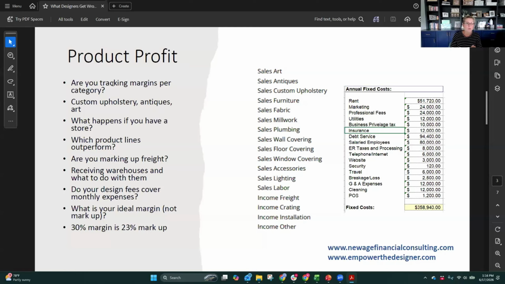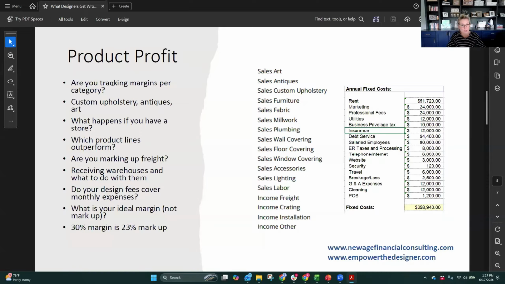And so then remember, margin and markup are two different things. It is all a math game. But if you're looking to end around a 30% margin, and again, remember, we're only talking product, not fees, 30% margin is a good number to shoot for. 30% margin would give you, on average, a 23% markup. 23%, I would say, is on the low side, especially in an industry where there are no industry standards, but there are definitely industry averages. 30 to 35% is still a very common number when it comes to actual markup.